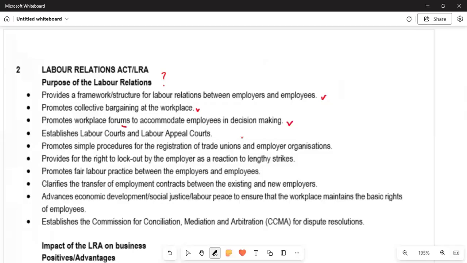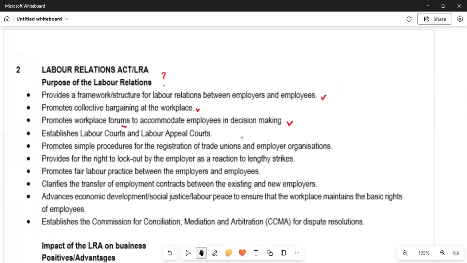Whenever you see this act, know that there is collective bargaining, which is employers' association and trade unions. There is what you call workplace forums. That is a committee that represents the employees in the workplace, if ever they have some decisions that they want to make. Also, this act enables cause of labor costs as well as labor appeal costs.